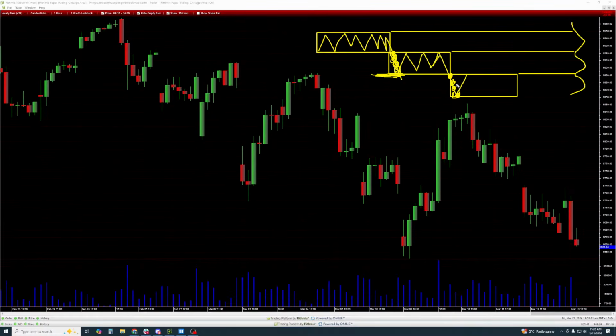Back into it. Rejection, this would be your low. If this is high volume here, looking for low volume back into where it dropped from. That's the structure here. And likely something's going to happen on a small time frame.